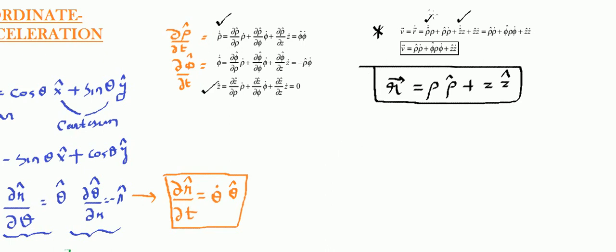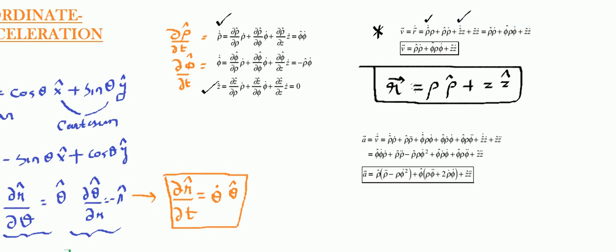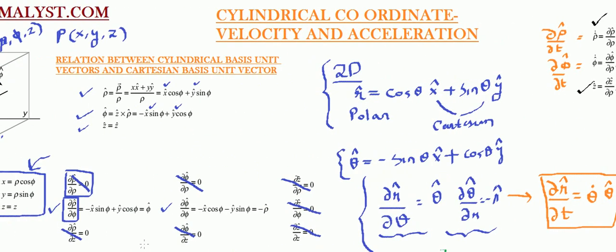Now do the time derivative of velocity to calculate acceleration. Here is our acceleration. All we have to do is take the derivative of the velocity that we already calculated. You'll get various terms, and to evaluate all these terms you need to use this, and also these quantities.